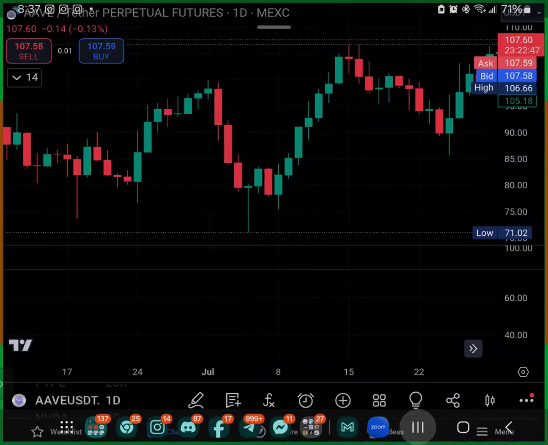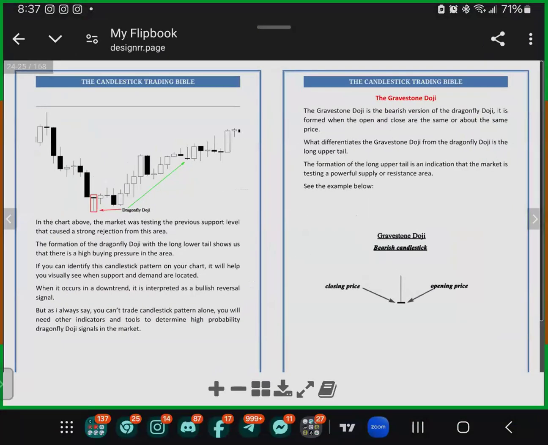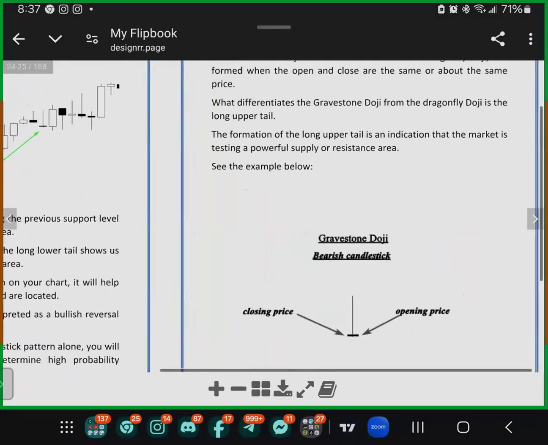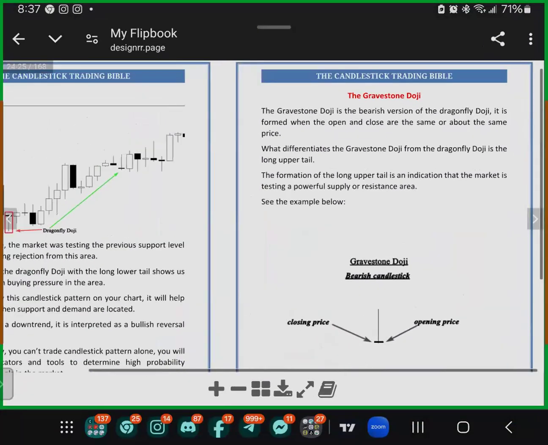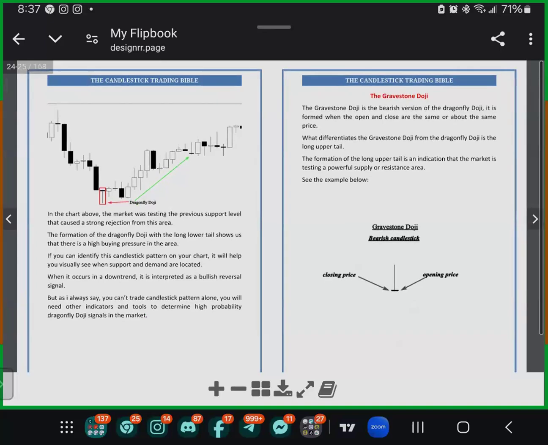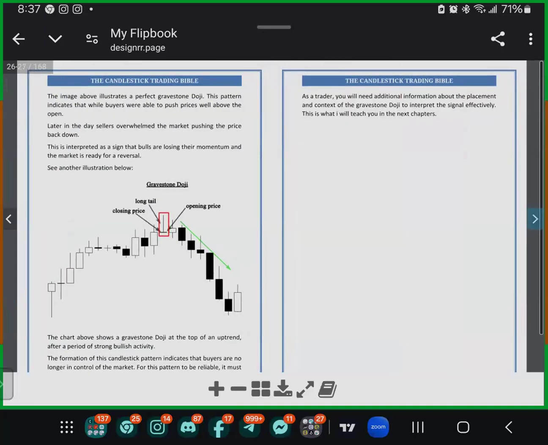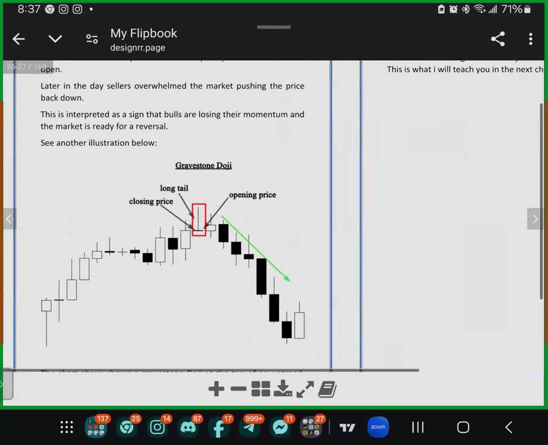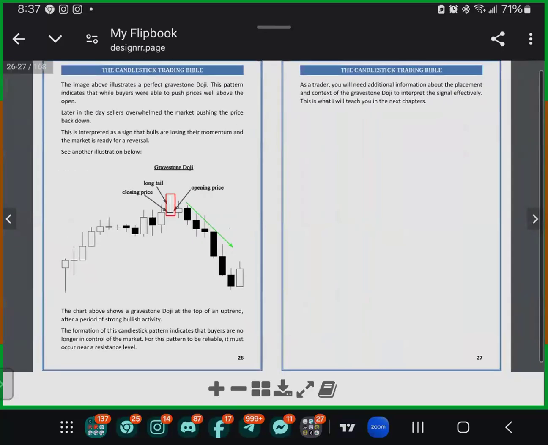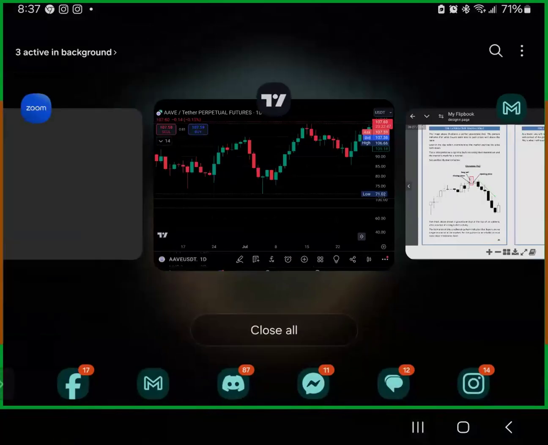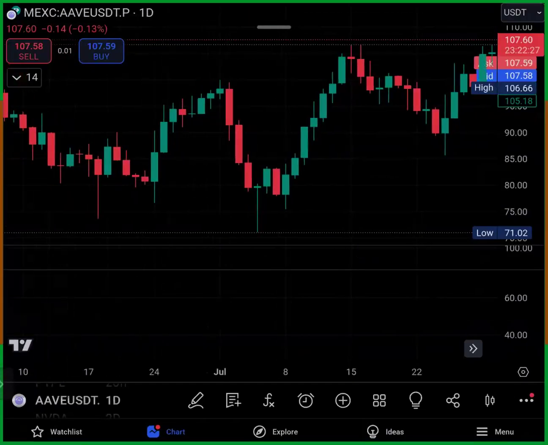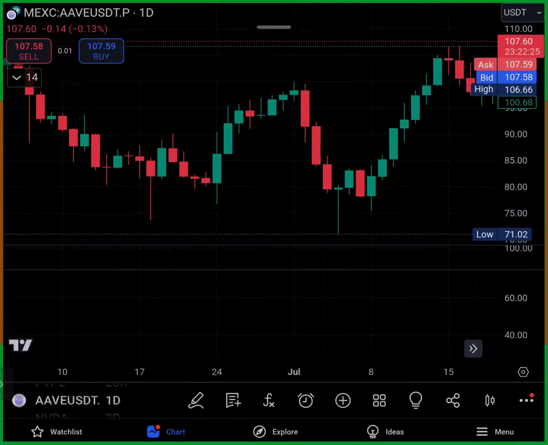All right. So let's go ahead and look for the gravestone doji. All right, and usually we'll see the gravestone doji at the end of an uptrend. All right, let's take a look where the gravestone doji's at.